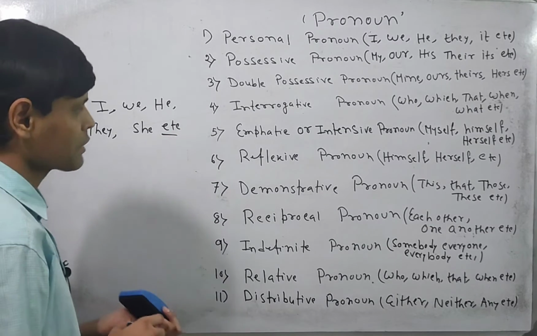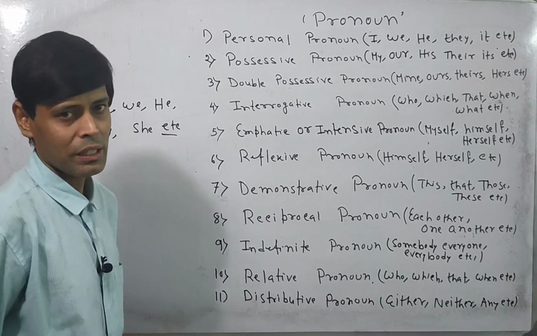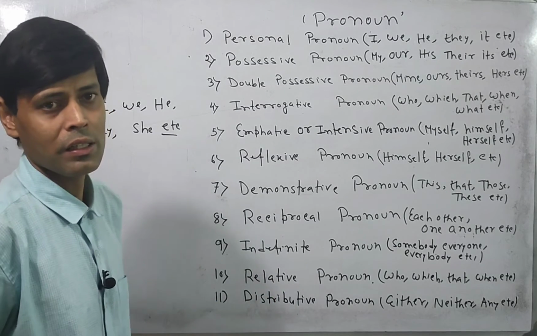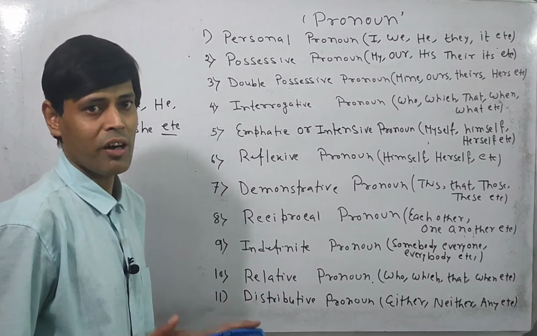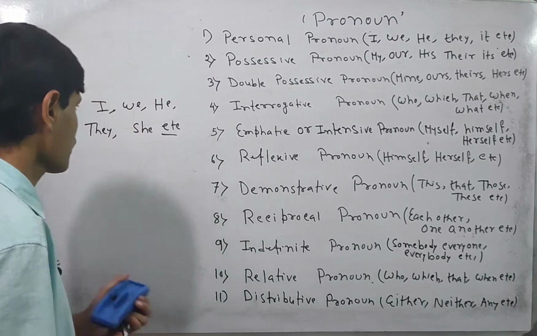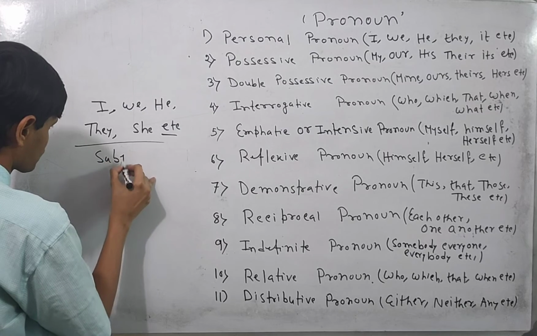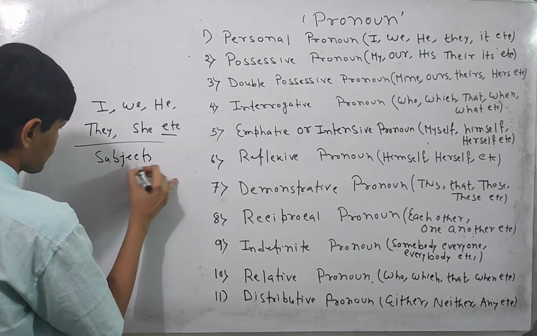You can ask, what is a pronoun? A pronoun is nothing but a subclass of noun, or you can say that it does the function of a noun. Personal pronouns, all are subjects.